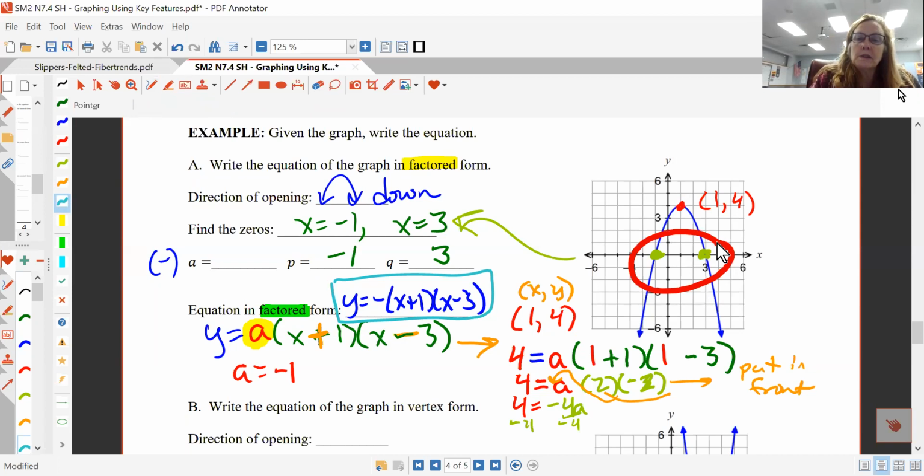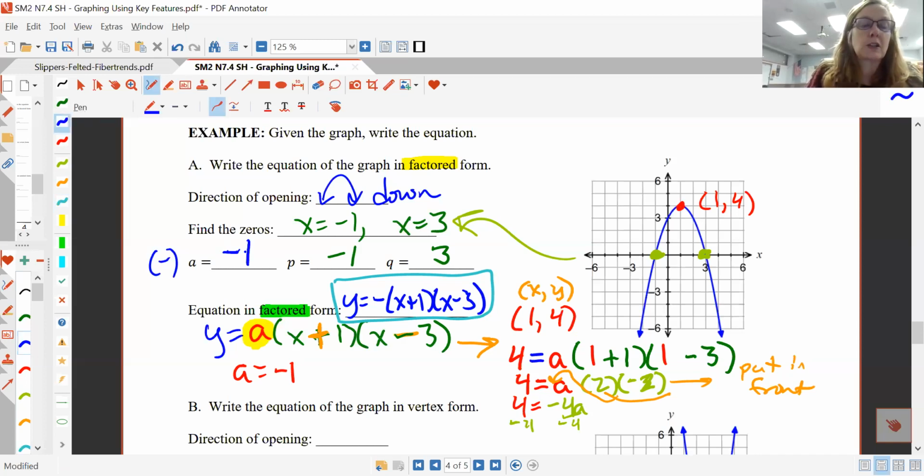Essentially zeros to factors, then you find a point, then you plug it in, okay? And then that gives you A. That looks good, because I already know A has to be negative, and A is actually -1. So notice that A gets filled in last, all right?